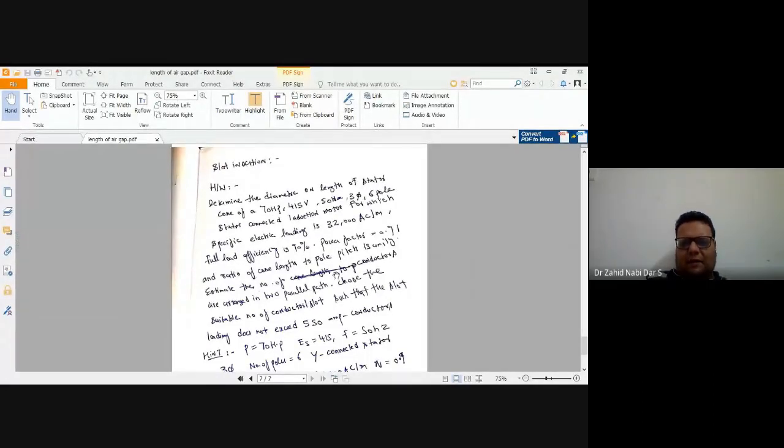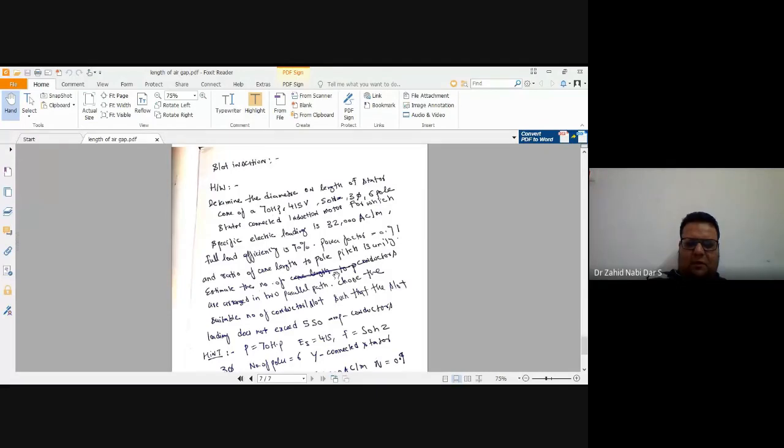Determine the diameter and length of stator core of a 70 HP, 415 volt, 50 hertz, 3 phase, 6 pole star connected induction motor, for which specific electrical loading is 32,000 ampere conductors per meter, full load efficiency is 90%, power factor is 0.91, and the ratio of core length to pole pitch, that is L by tau, where tau is pi D by P, is unity.